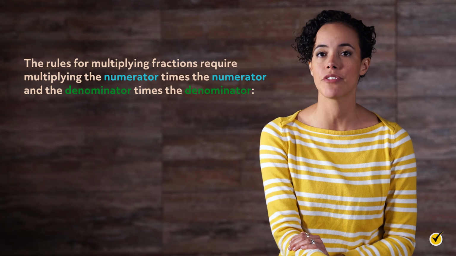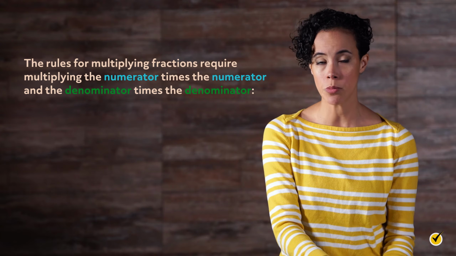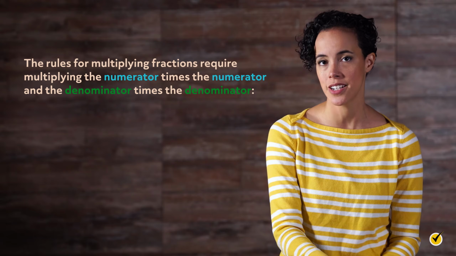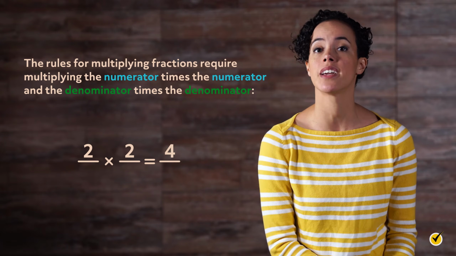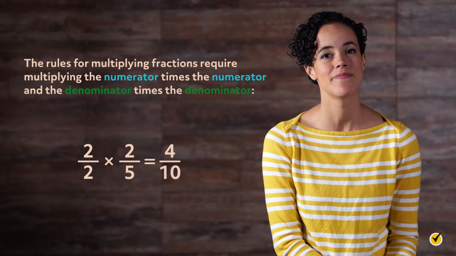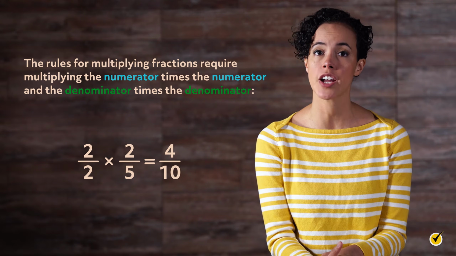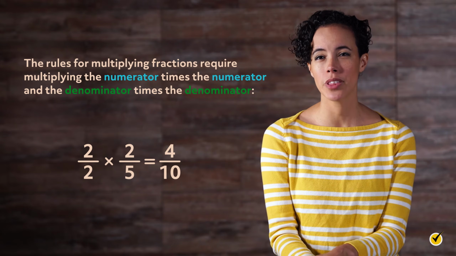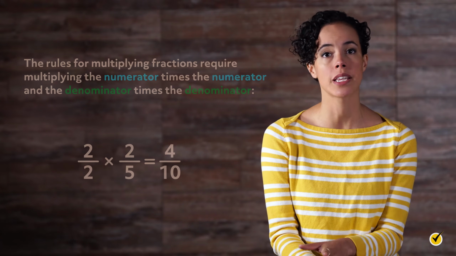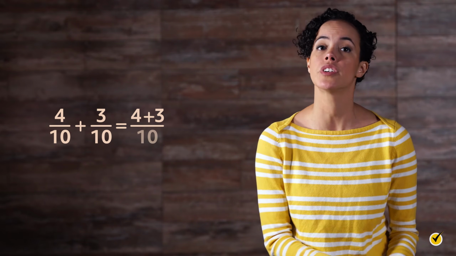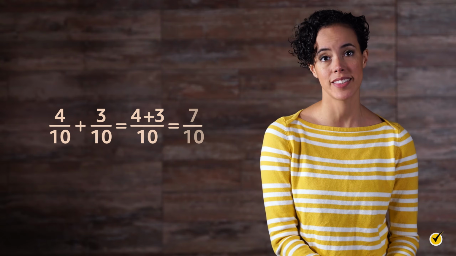The rules for multiplying fractions require multiplying the numerator times the numerator and the denominator times the denominator. 2 times 2 is 4, and 2 times 5 is 10. This work creates the fraction 4/10, which is equivalent to the original fraction 2/5. At this point, the fractions with common denominators can be added. 4/10 plus 3/10, which can be seen as 4 plus 3 over 10, equals 7/10.